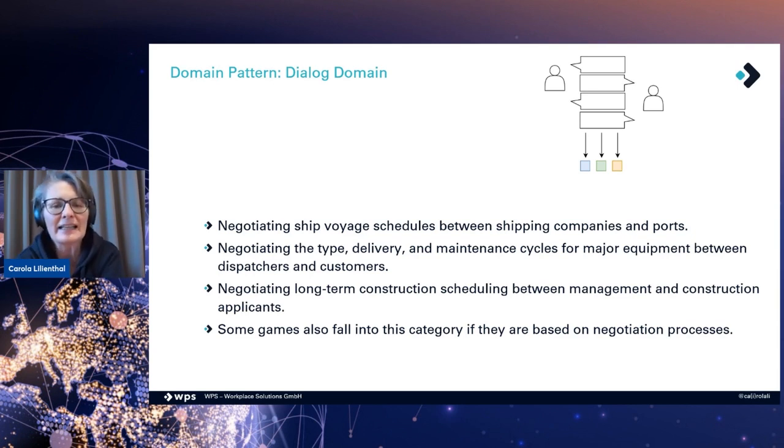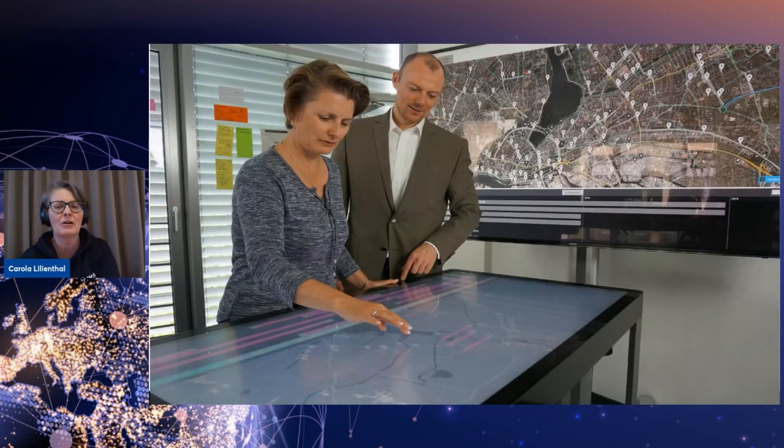I have an example for this for you. In recent years, our company has developed a product for coordination of construction works on the roads for different large towns in Germany. And one part of the system is a touch table, as you can see it here, to make it possible that people from different organizations like the town, the water pipe companies, the telecommunication companies, meet and discuss their construction work together.